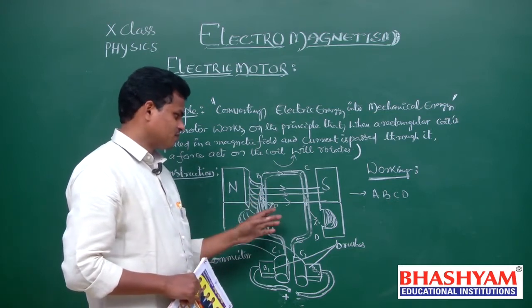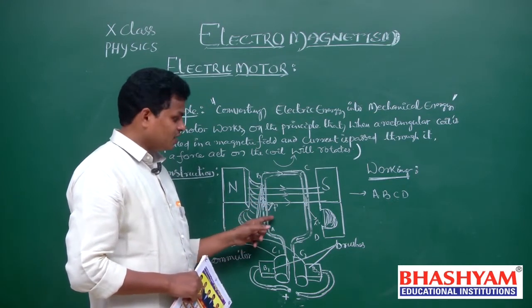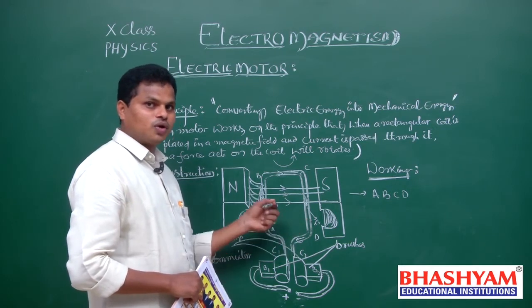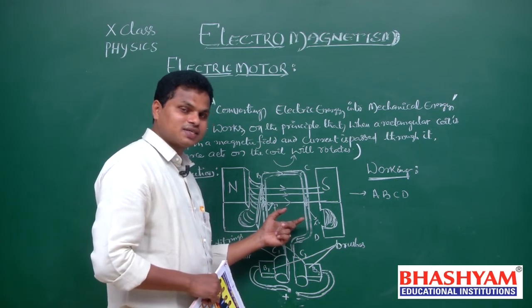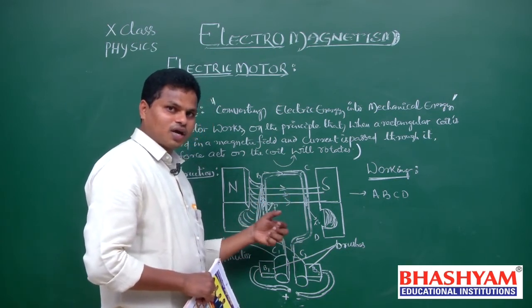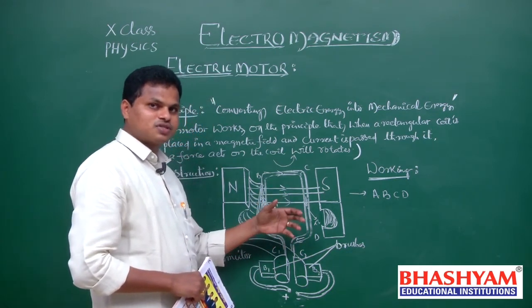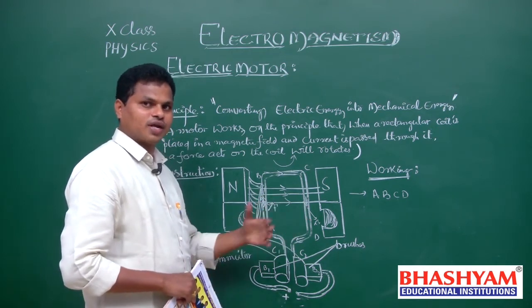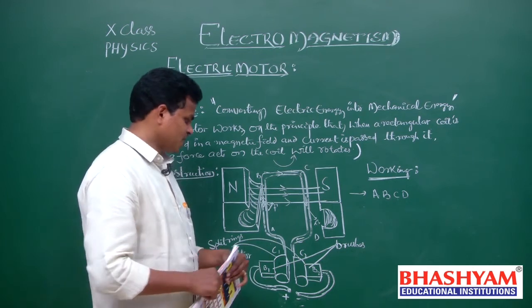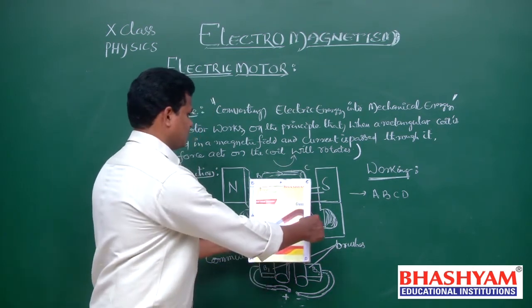Same current, same force, but they are in opposite directions. These two equal and opposite forces acting on both sides of the coil bring the coil into motion, rotating in a direction.